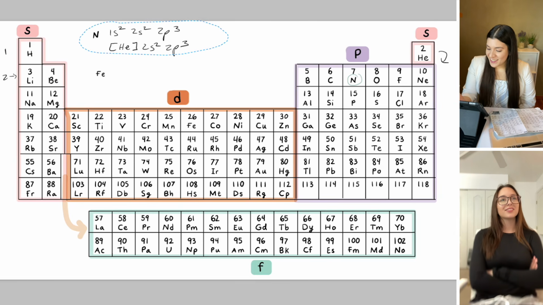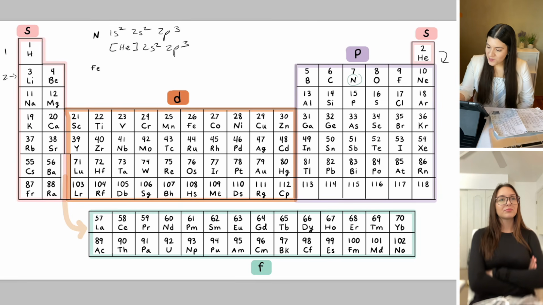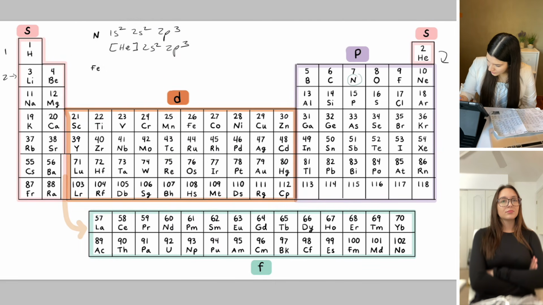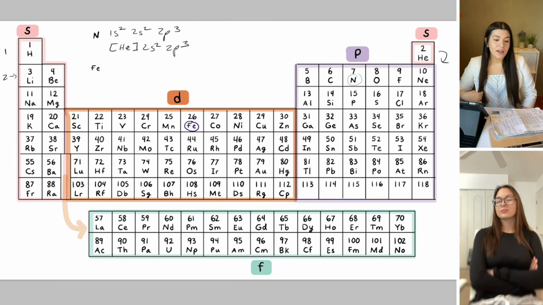Perfect. Now let's do something that is in that D subshell. We'll do this one together. I'll look for wherever iron is, which is right here. So I'll start off with just the typical one, the full electron configuration. Actually, I'll have you start off, and once we get to the D level, I'll explain what to do. Okay.